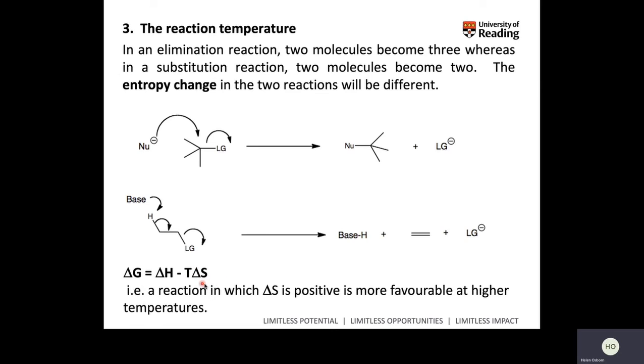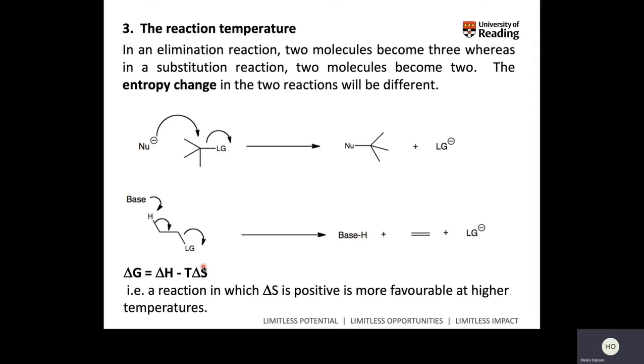So if we were to have a given entropy change, and if we were to multiply it by a high temperature, then the bigger the entropy change multiplied by the higher temperature is going to give us a larger T delta S component. And because that's negative in this equation, the larger this is, the more negative delta G will be. And the more negative delta G, the more favoured the reaction. So by altering the temperature, we can make this a significant factor in the Gibbs free energy equation. The temperature is multiplied by the change in entropy.